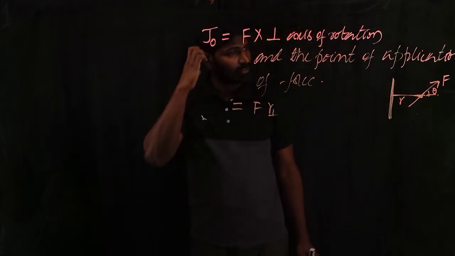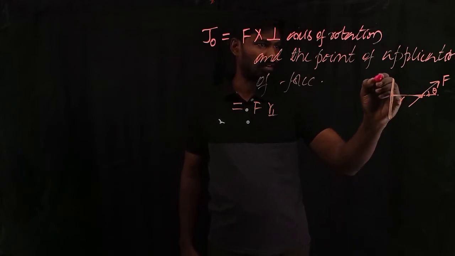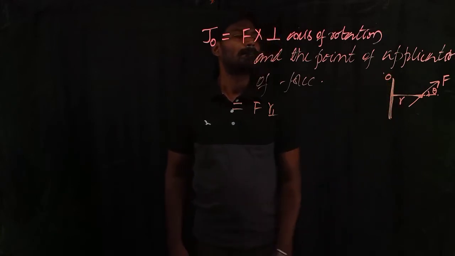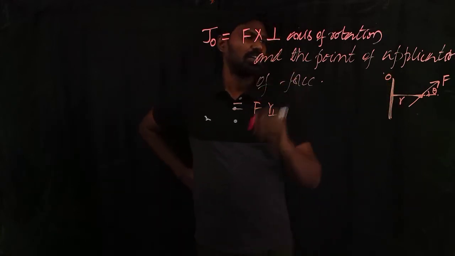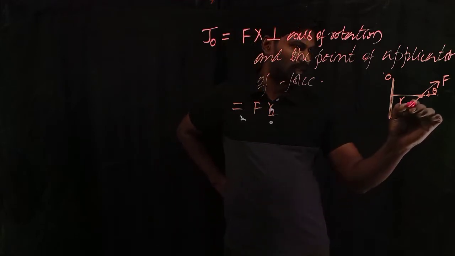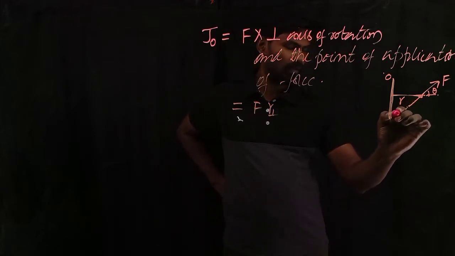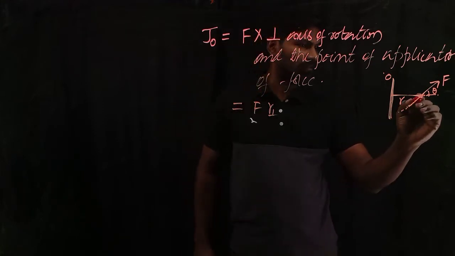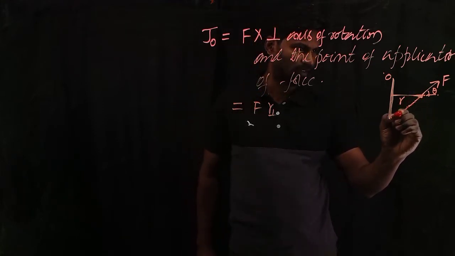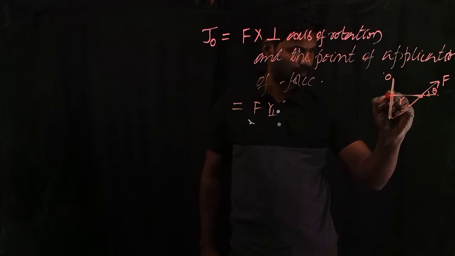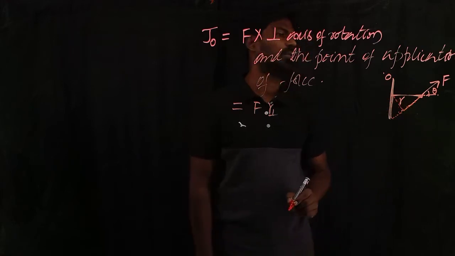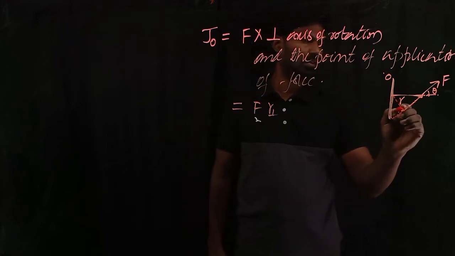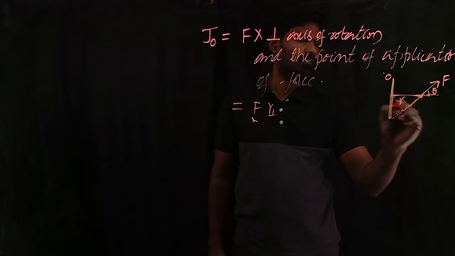For calculating the torque about this axis of rotation, let me call it O, you can proceed in two ways. Either by considering the perpendicular distance of the line of action of force, that is, extend this force and drop a perpendicular from the axis of rotation to the line of action of force.